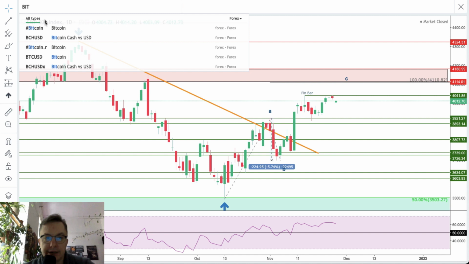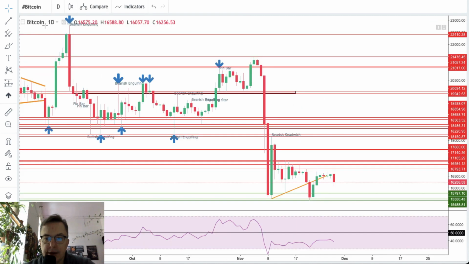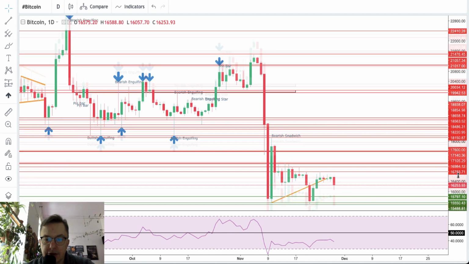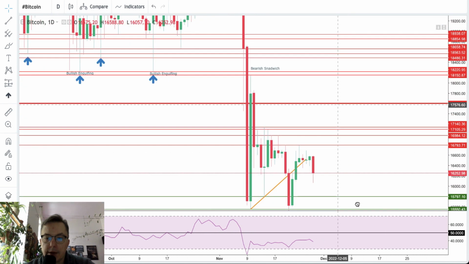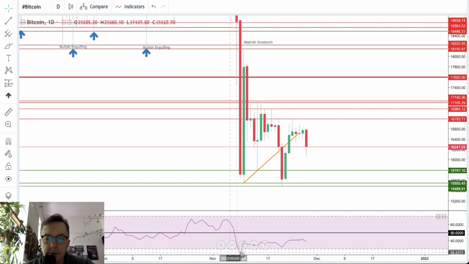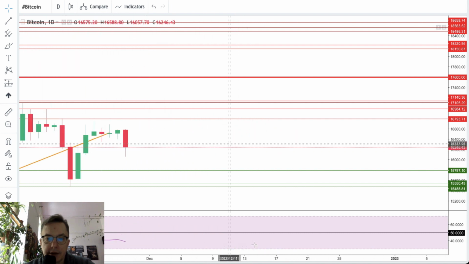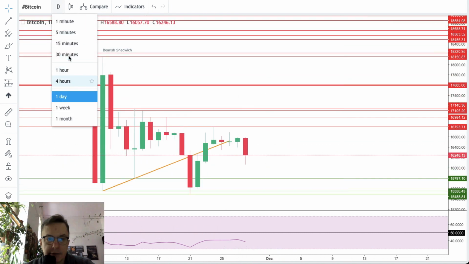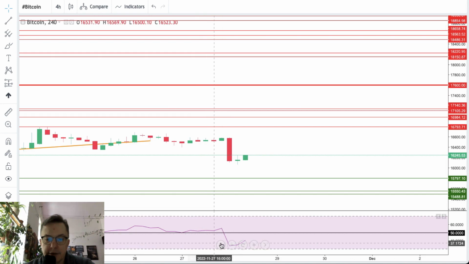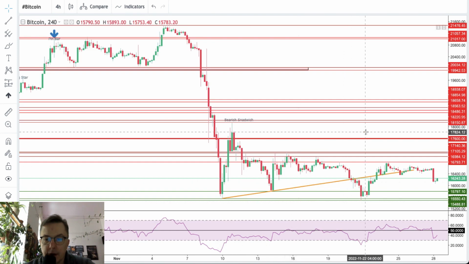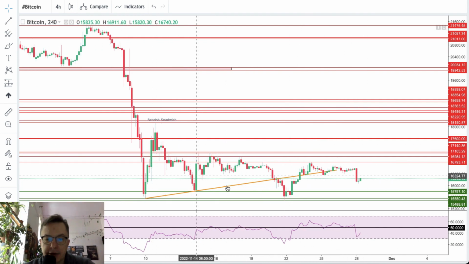And last but not least, let's take a look at some cryptos in form of Bitcoin, and the daily time frame chart of Bitcoin doesn't actually look good for bulls, because let me switch to the 4-hour. Maybe that will be much easier to understand. There you go. We keep trading down.